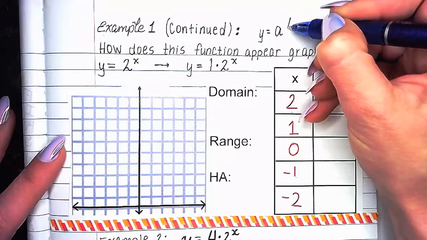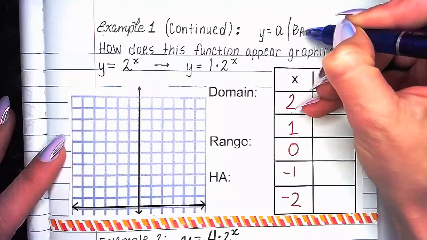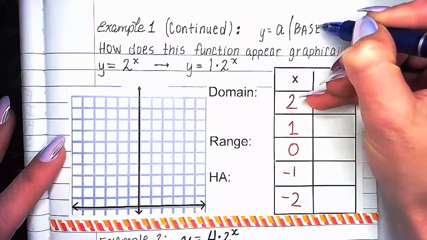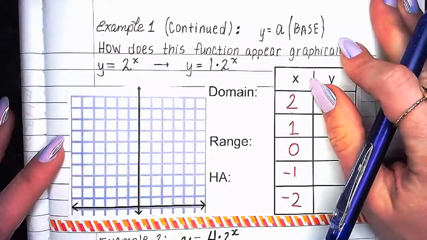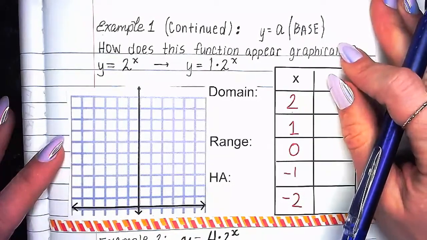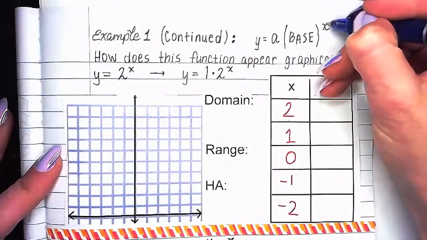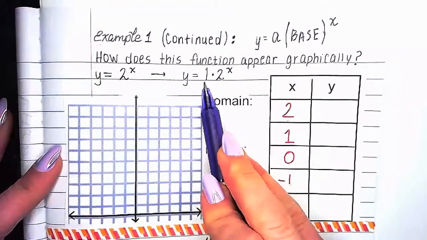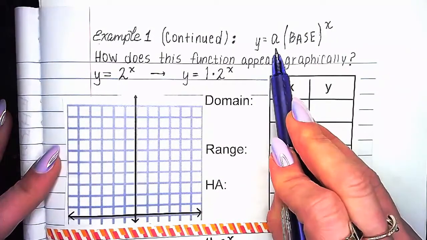If you said initial value, you were right, times the base, which we gave 5 different names. We said it's the common ratio, it's the number you multiply by, potentially your growth or decay factor, raised to the x power. So by not acknowledging that there's a 1 in front, you're going to ignore the fact that a is equal to 1. So we do want to watch out for that.